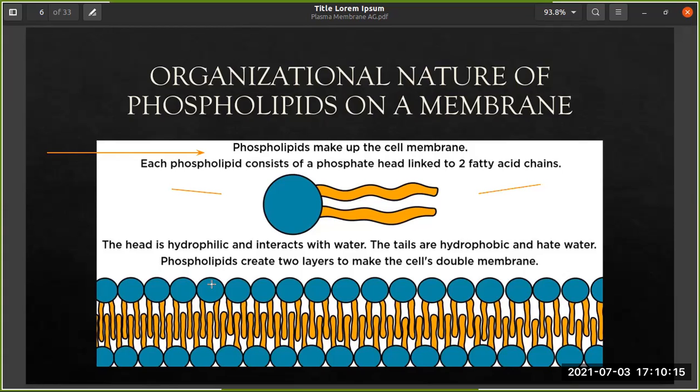The head is hydrophilic and interacts with water. And this is the tail. The tail is hydrophobic. You can see on this side you have one layer, and then you have the second layer. So it is a bilayer.